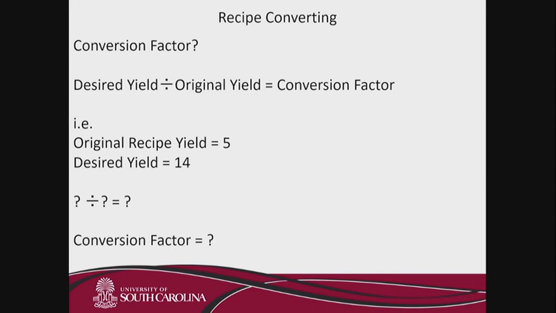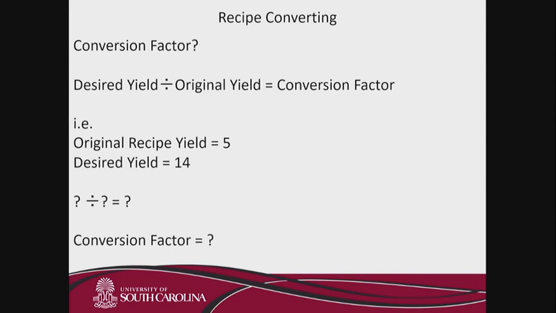And it's very simple. It's desired yield divided by original yield. So what do you want? How many do you want it to make? Divided by how many does it make right now? So desired yield divided by original yield, okay? So for the example on here, we have an original recipe yield of 5. Sometimes you'll see yield as servings, okay? Same thing. How much does this recipe make?